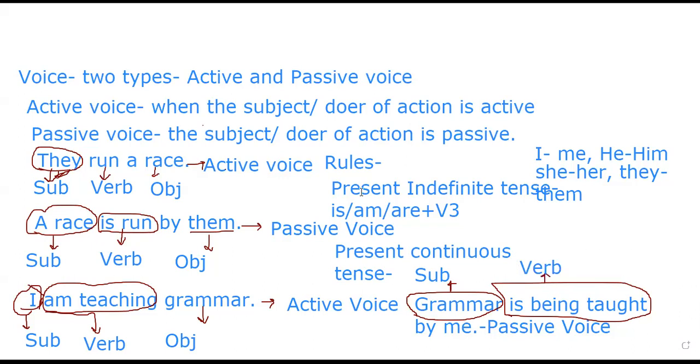Like they is a subjective pronoun which can be used as subject, while them is the pronoun which can be used as object. I can be used as subject, while me can be used as object only. Me can't be used as subject. Is it clear?